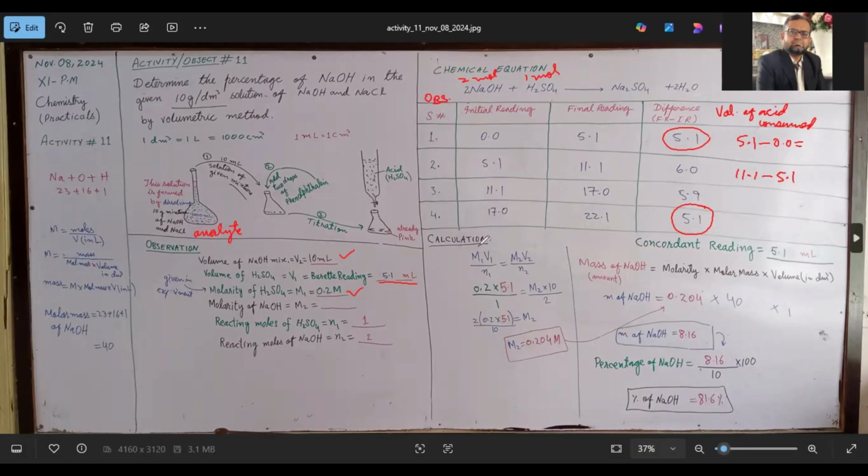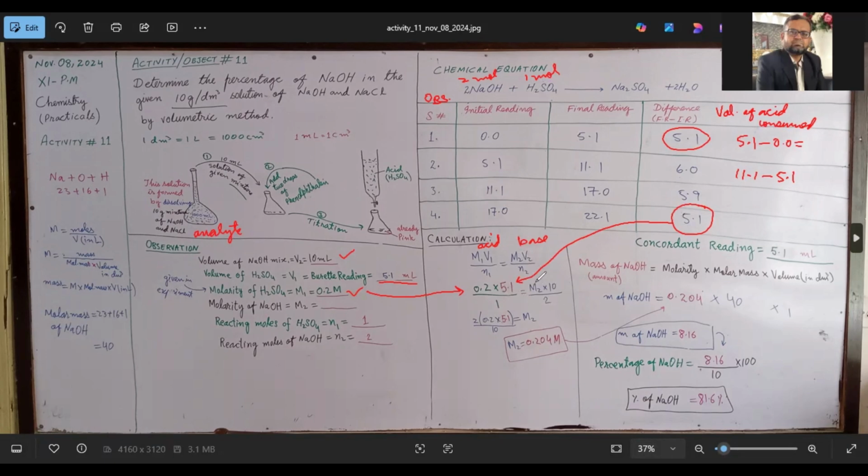So if we consider that this is for the acid, and this is for the base. So what is there? We know the molarity of acid is 0.2 here. And the volume we have calculated from here, the burette reading, the concordant reading, and from this balanced chemical equation, N1 is 1.